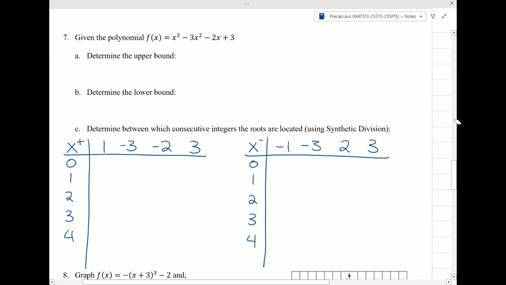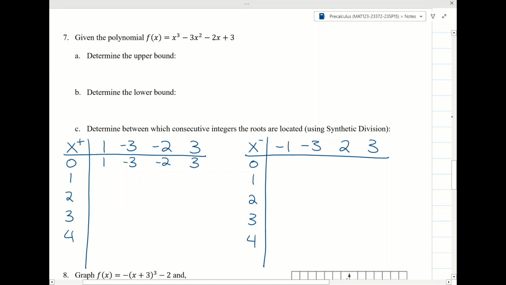And then this is just synthetic division until you get a line of numbers that are either all positive or all negative. 0 doesn't count. If you get 0, you have to keep going. So let's do the synthetic division. Bring down the 1, times 0, -3 times 0, -2 times 0, plus the 3 is 3.